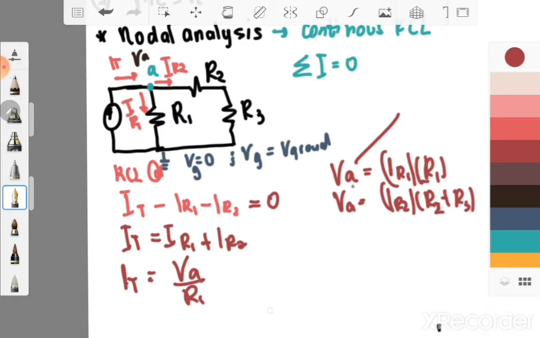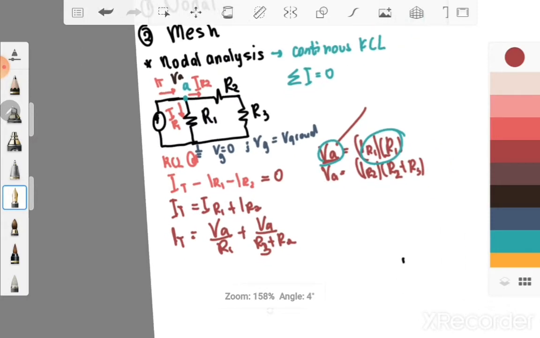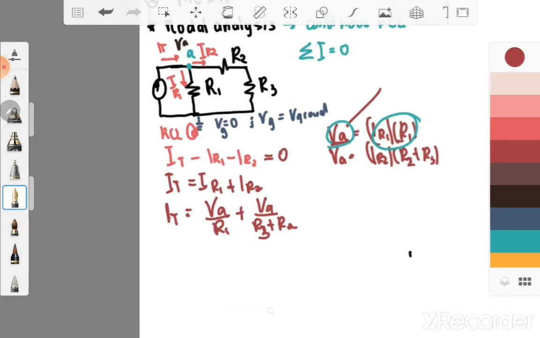Plus your VA all over R2 plus R3. This is your I total. Take note, your I total, if it is an independent current source, is a constant.